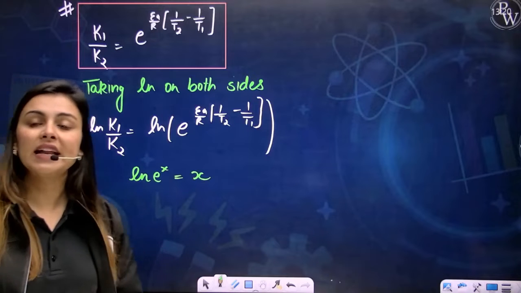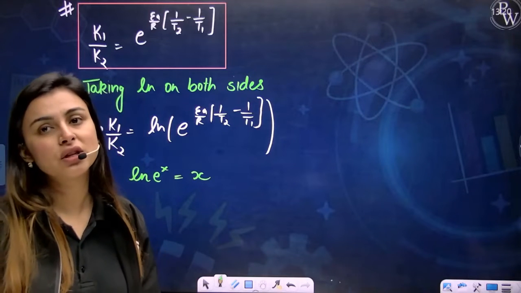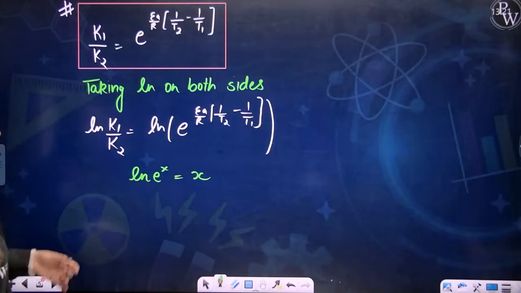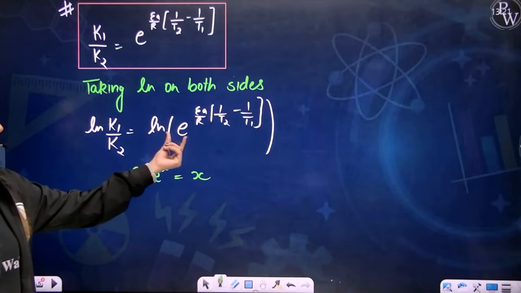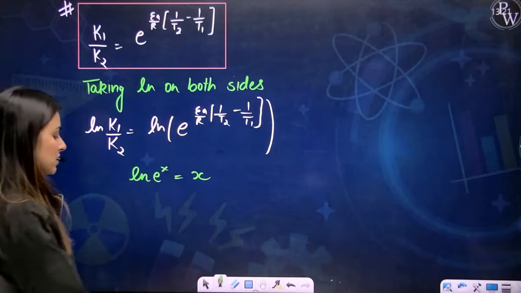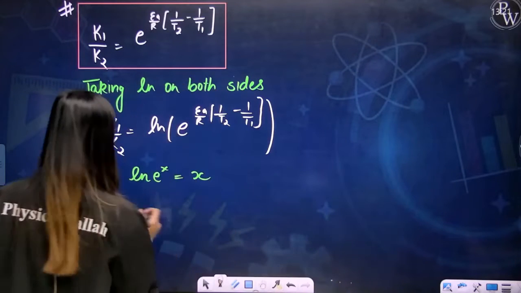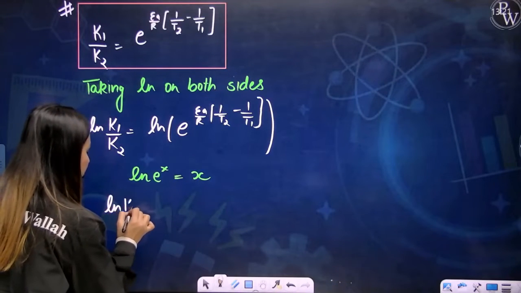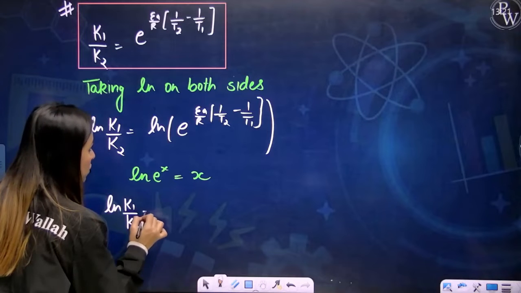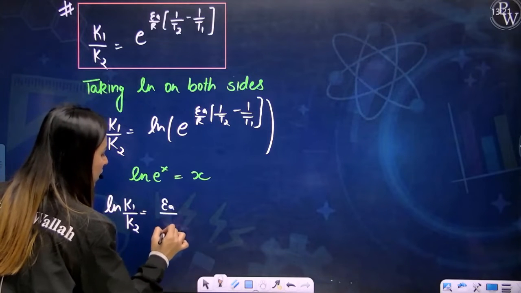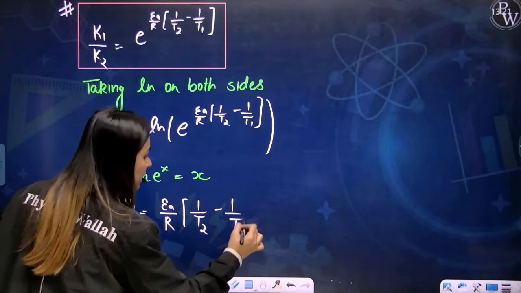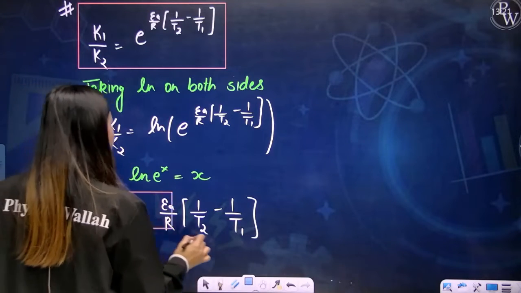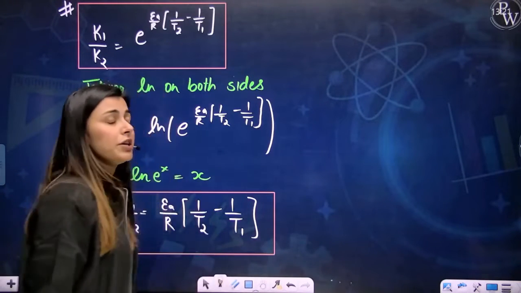So let's use this, and we can say that ln of K1 by K2 is equal to Ea by R times (1 upon T2 minus 1 upon T1). Again, a very, very important relation.